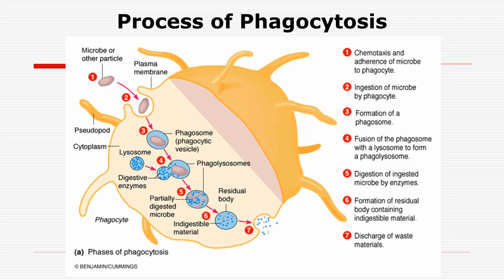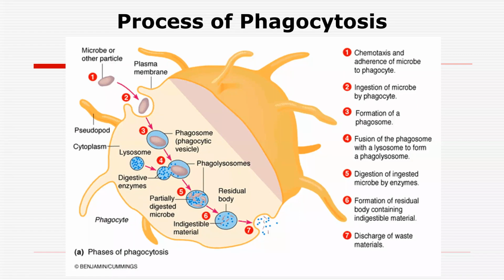Therefore, when lysosome and phagosome fuse, we form what is called phagolysosome. It's number 5, phagolysosome. And thereafter, it's just release of digestive enzymes which are able to destroy the pathogen.